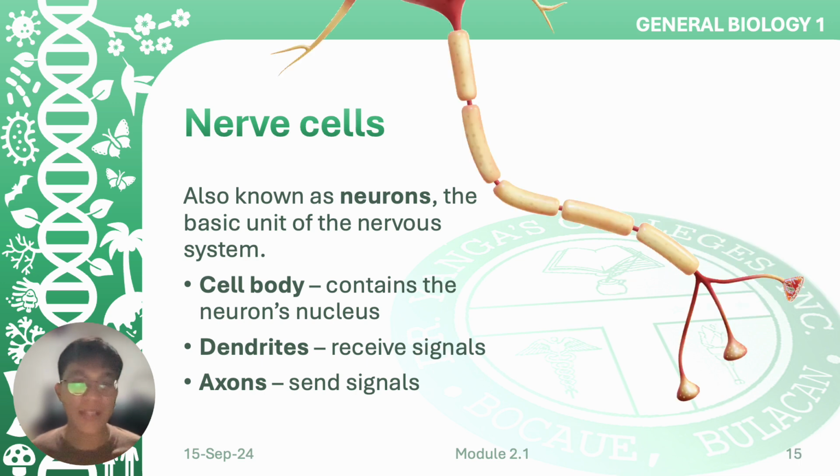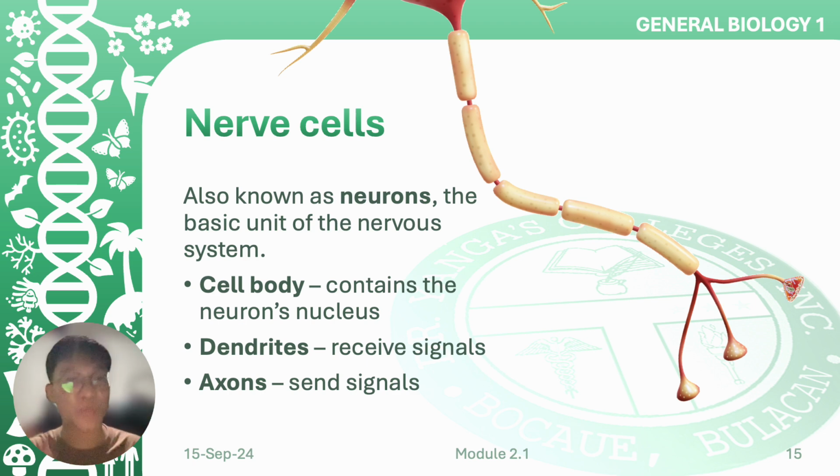And the axon is found as the tail of the nerve cell. The axon will send the signals to the next neuron or the next nerve cell. So how do we transfer the messages or the signals? We have the dendrites as the receiving parts, the central body or the cell body, and then we have the axon, which will send the signal away from the cell.